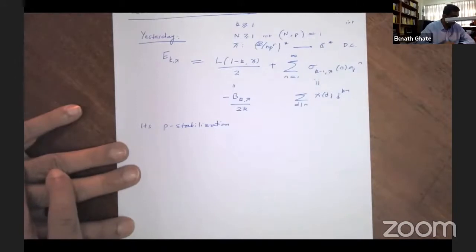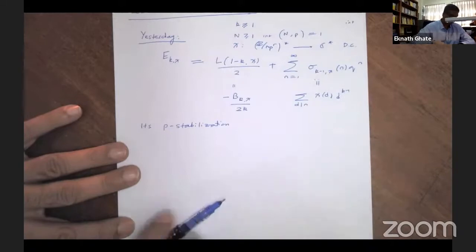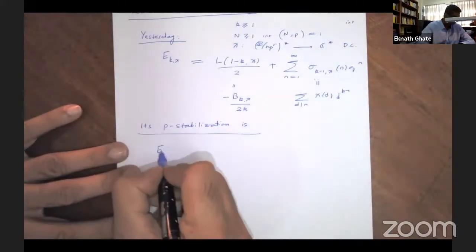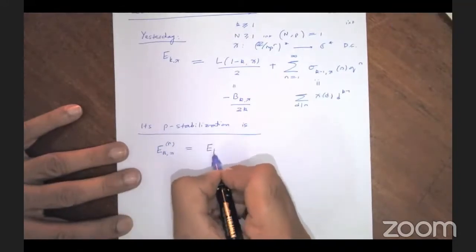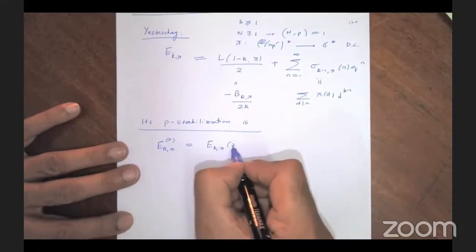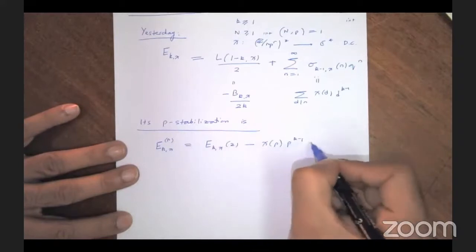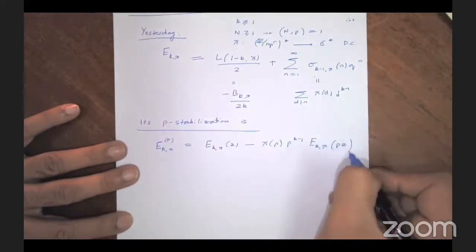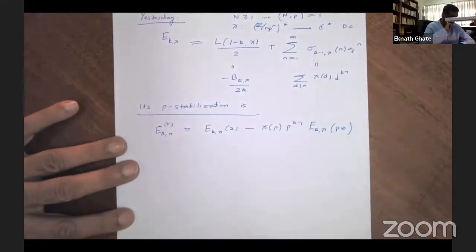So more generally, in this setting, you have the following p-stabilization. Okay, so this is the p-stabilization of this particular modular form.